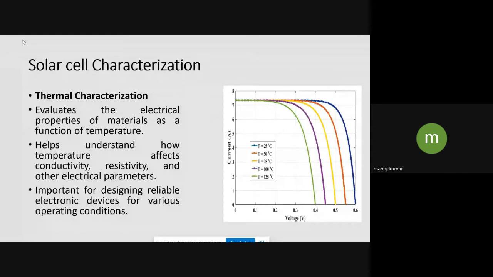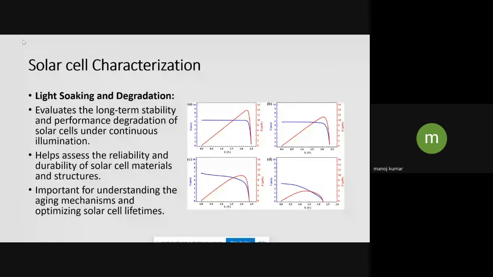After that, we have solar cell characterization, light soaking and degradation. So silicon solar cells are very stable, but the solar cells we generally fabricate in our laboratory for research purposes, like dye-sensitized solar cell, or perovskite solar cell, or heterojunction of perovskite and silicon solar cell, need to be tested for their stability in temperature and light condition.